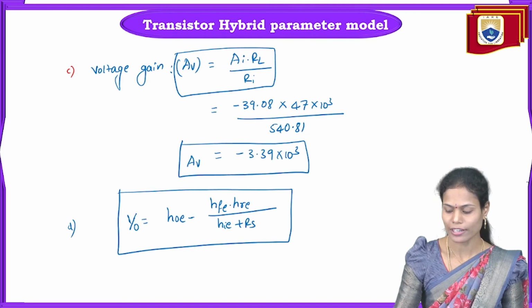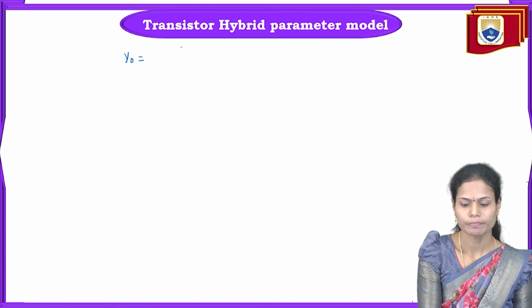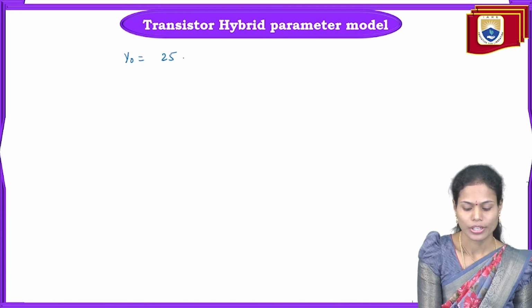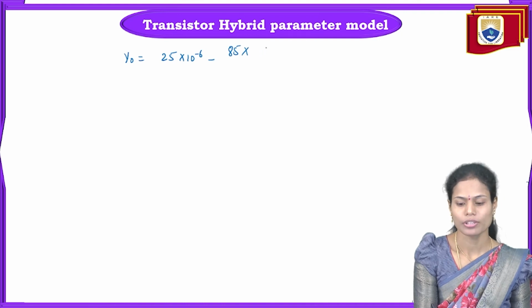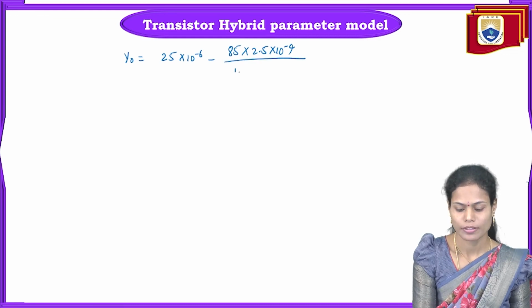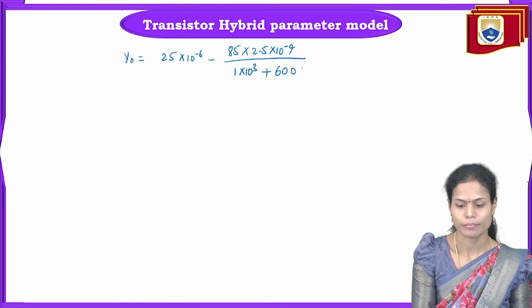Now substitute the values in this. Y0 is equal to hoe value is 25 into 10 power minus 6 minus hfe value is 85 and hre value is 2.5 into 10 power minus 4, and hie value is 1000 ohms plus source resistance value is 600.